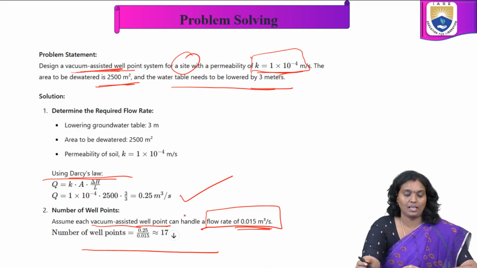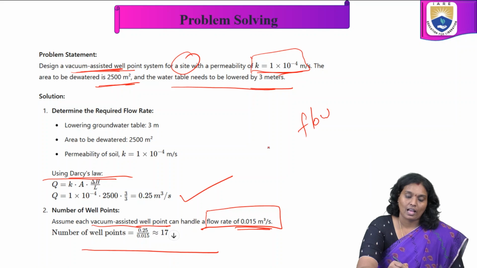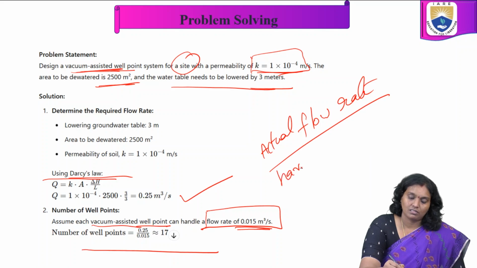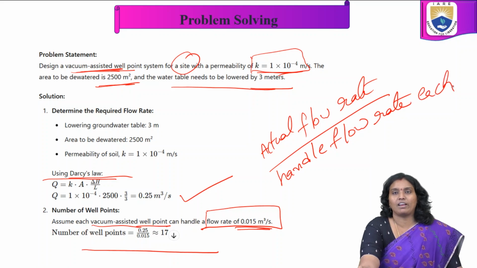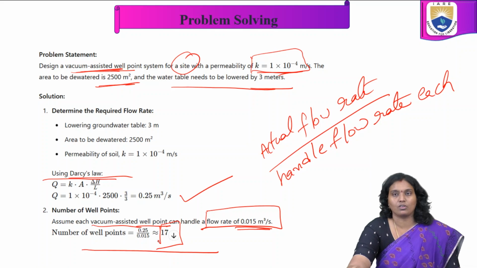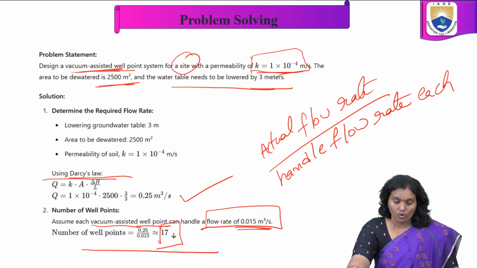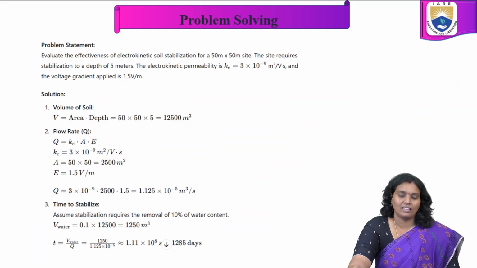Here also it is the same thing, based on the actual flow rate and the handling flow rate of each well point. So from this, 17 well points are required for handling this. These are the things we are going to understand in this.